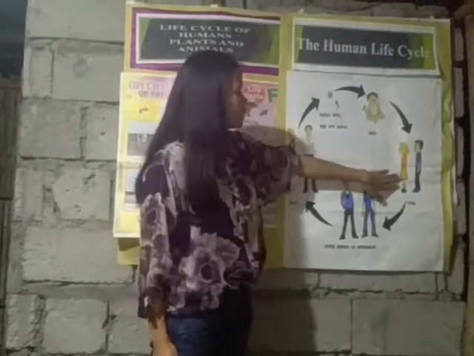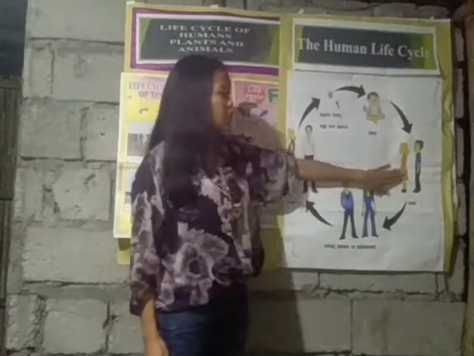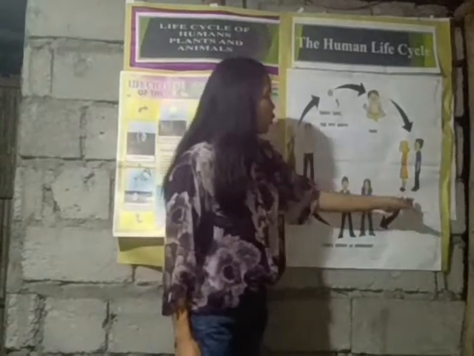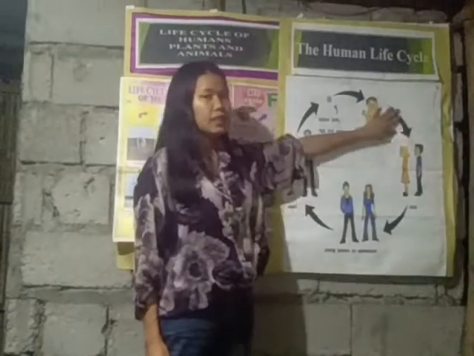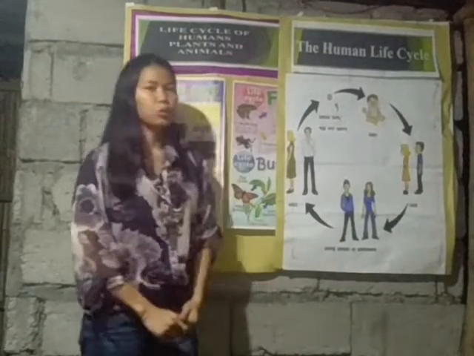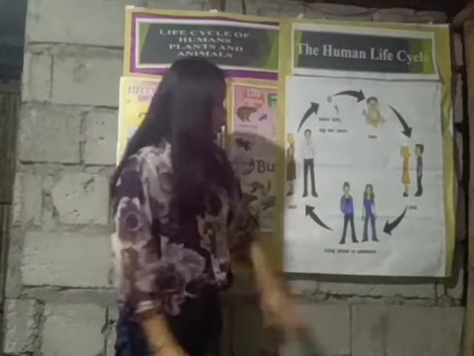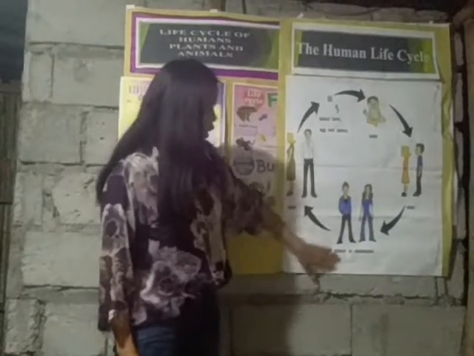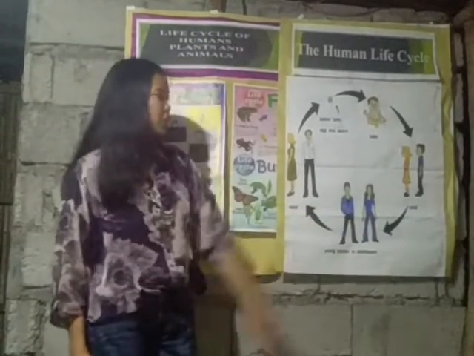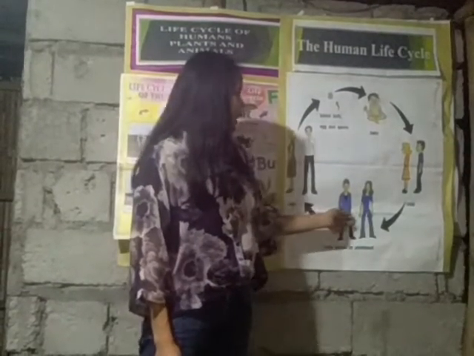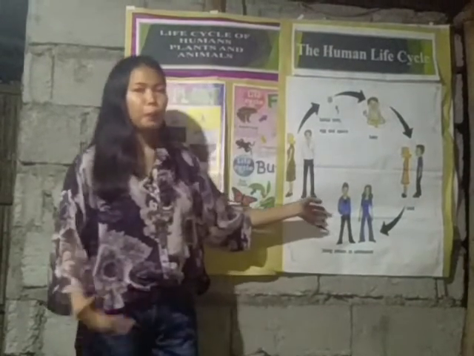Next is the child stage. The childhood stage is developing their skills, and they can go to school and have their studies. And the next stage is the young person or adolescence. In this stage, they can become mature.